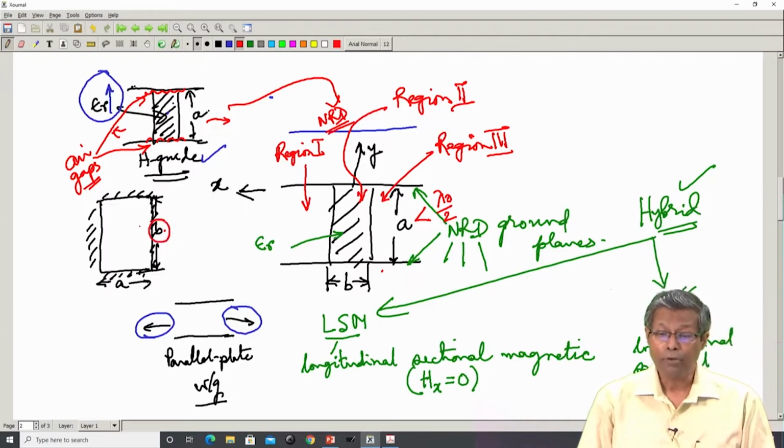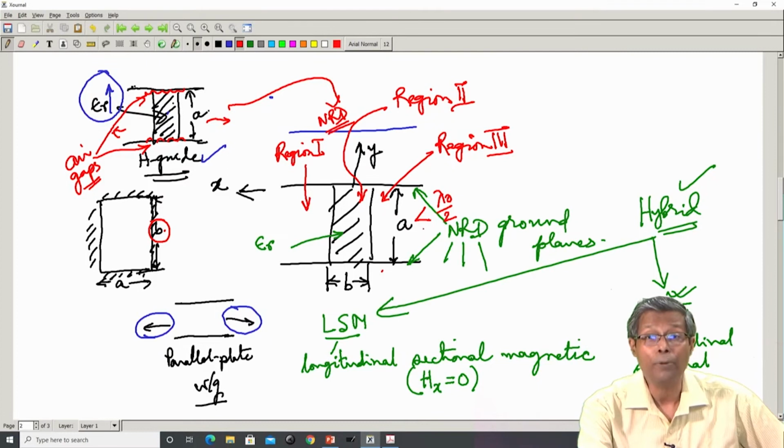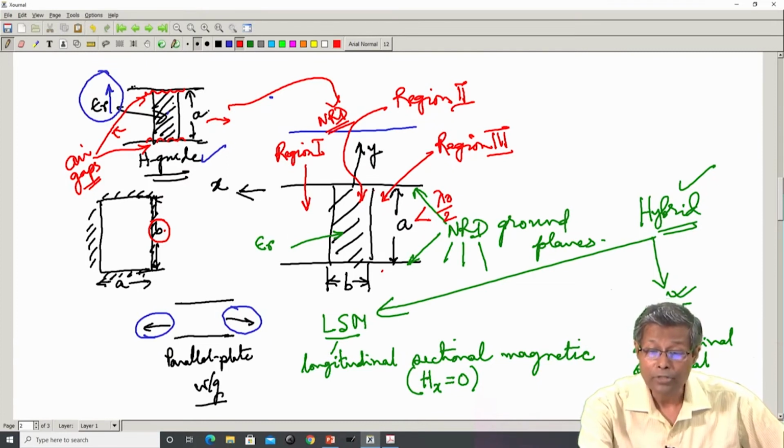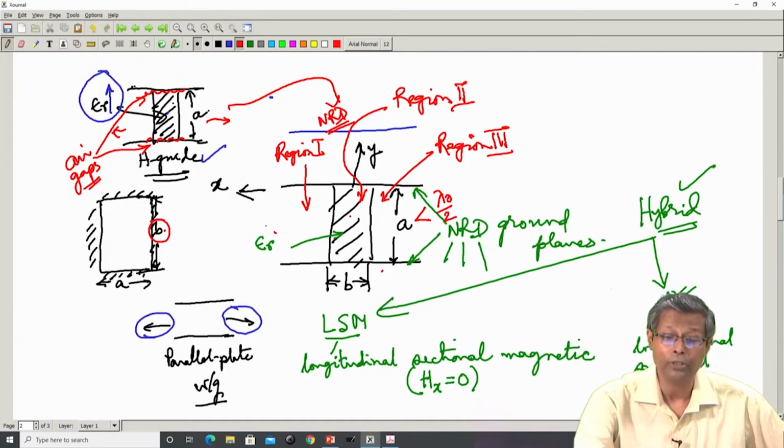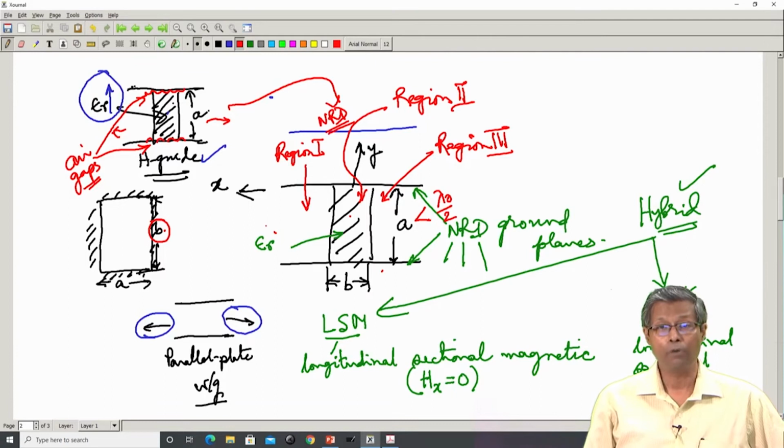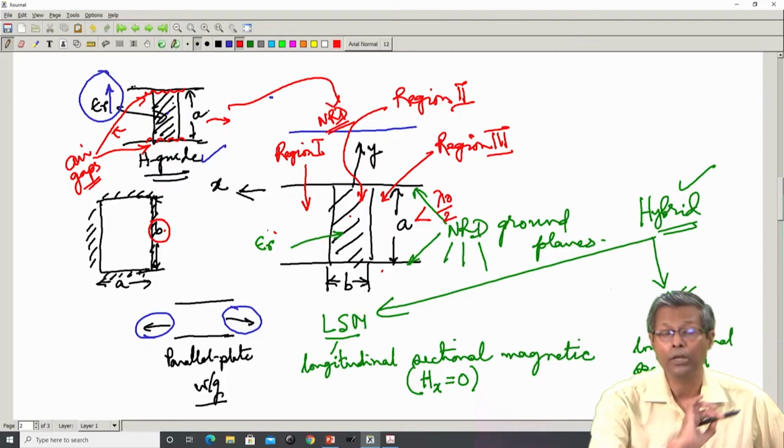So, therefore, when we are offering a below cutoff operation in the air region, the waves in region 1 and region 3 become evanescent, and then we are not dependent on increasing the permittivity of the dielectric strip to a very high value in order to counteract the radiation from the two sides of the NRD guide.